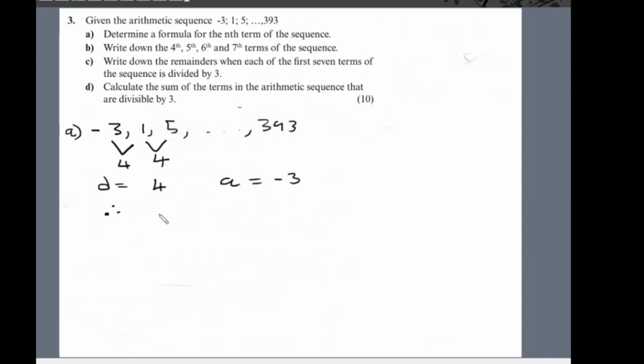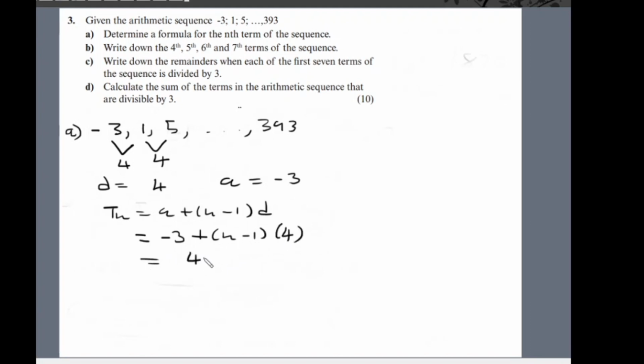So the formula Tn is equal to a plus n minus 1 times d, right? And then a is minus 3, n minus 1 times d, which is 4, right?